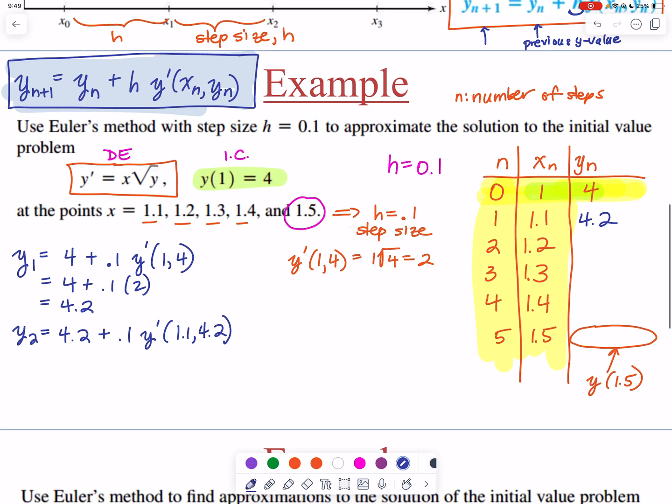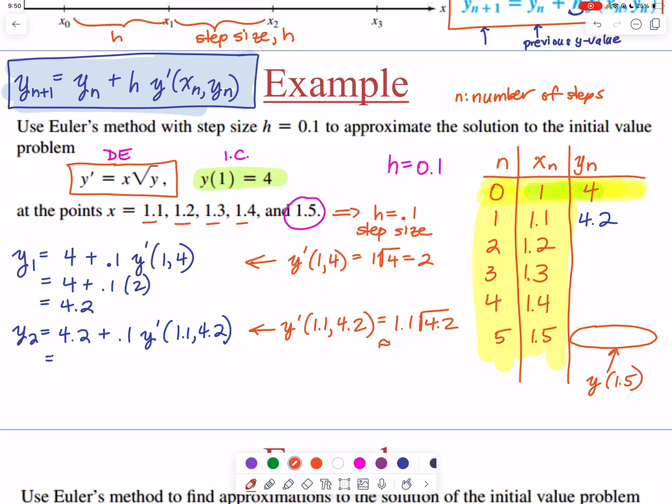Okay, and that's equal to, let's go ahead and evaluate y prime at 1.1, 4.2, and that's equal to 1.1 times the square root of 4.2.